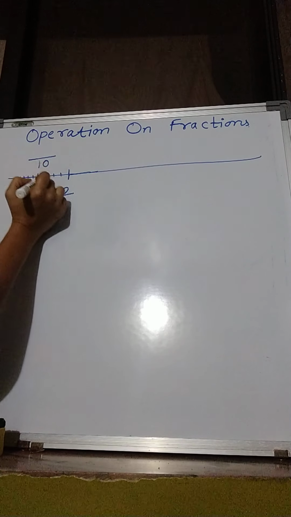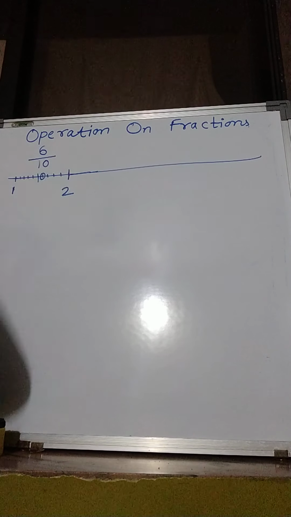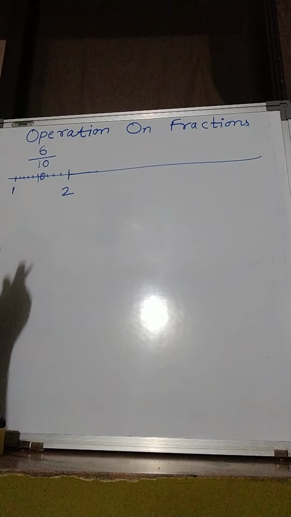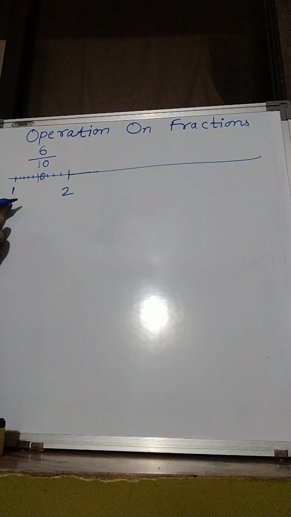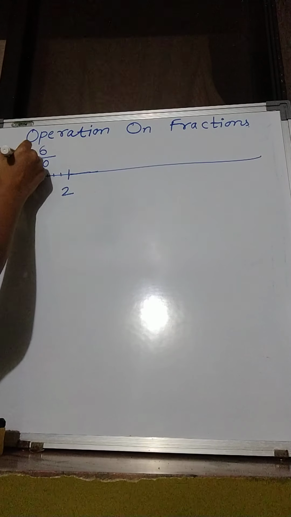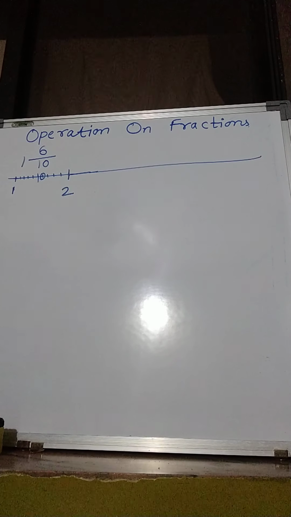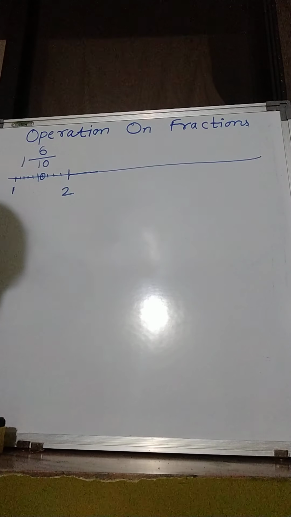So this sixth one is going in the numerator, and this part is coming after 1, so I am writing 1 as a complete number. Understand? So in this way we are showing our fraction on the number line.